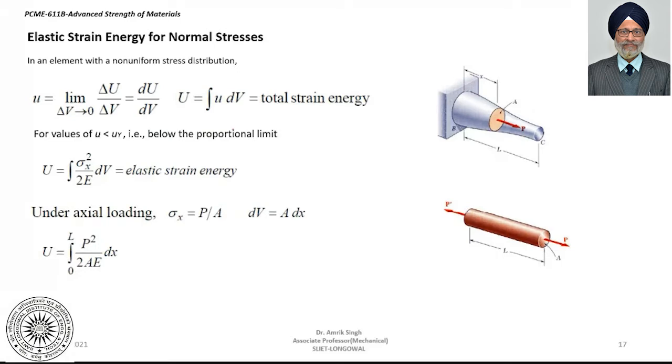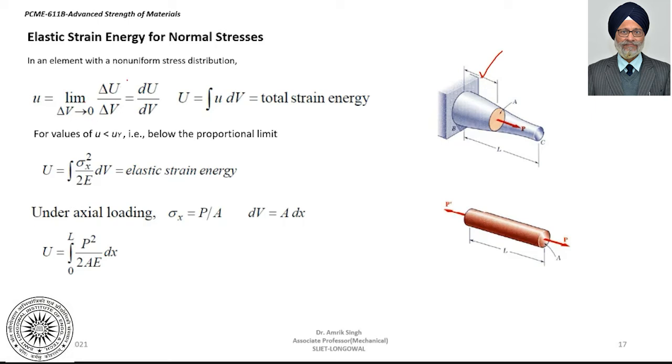Now, this we have seen, again we can revise this concept. Suppose this rod is conical or of non-uniform shape. So what we do in this case, we take a section at x, and this is a load, L is the total length. So now it will be the limit of delta V tending to 0.